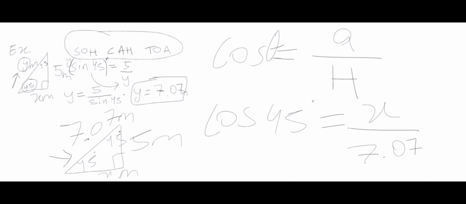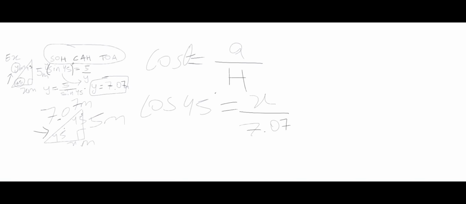Now let's get a little more space. Now we gotta solve for x. We have 7.07 in the denominator, and we could bring it up top, so 7.07 times cosine of 45 equals x.